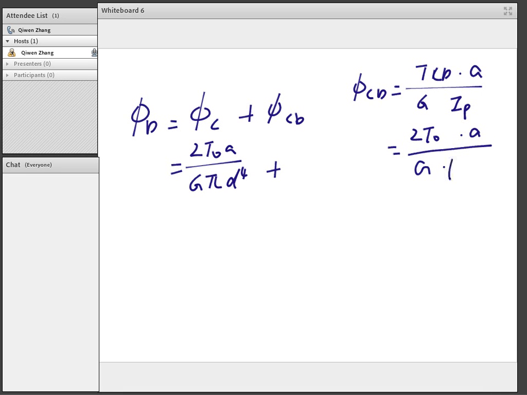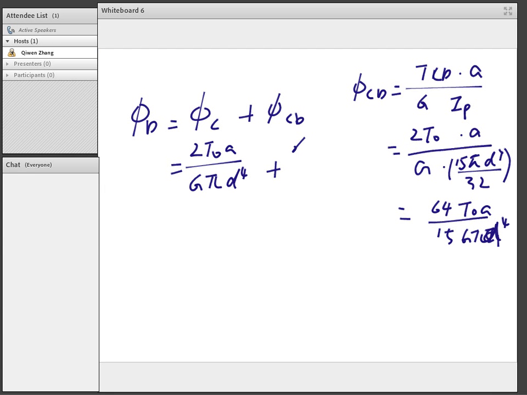IP is 15 pi d4 over 32. So when we simplify this down, we have 64 T0A over 15 G pi d to the 4th.